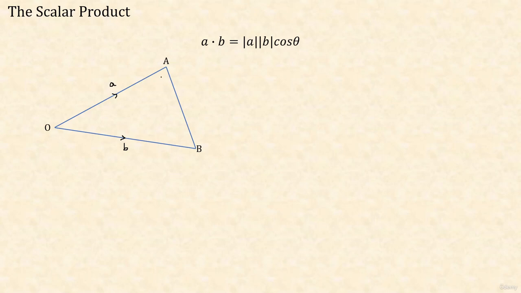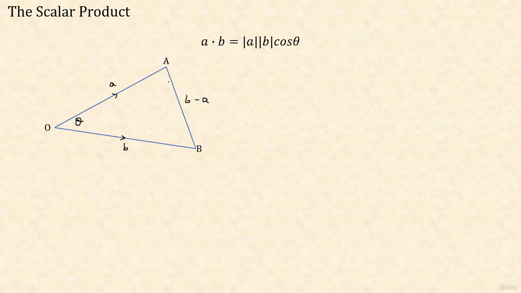So the cosine rule is true in any triangle, and if I take this as theta, and let's just think about this vector across here. Well, the vector from a to b is the vector b minus the vector a.